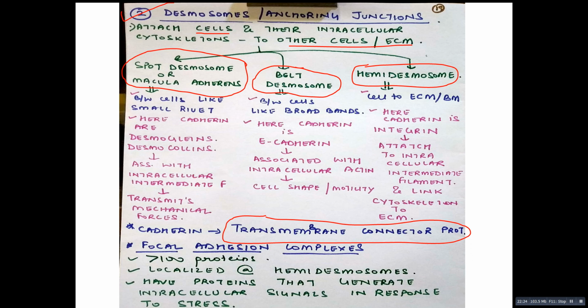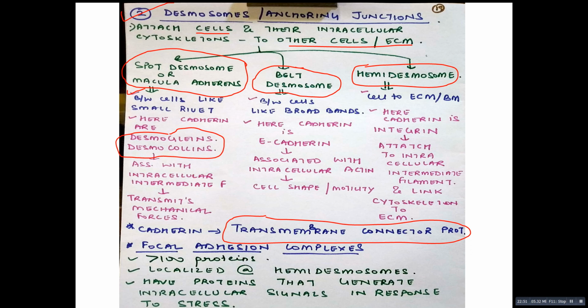And here, the cadherins that we use are the desmogleins and the desmocollins. So please note this, an important NEET MCQ question. The cadherins used by the spot desmosome or macula adherens are desmogleins and desmocollins.